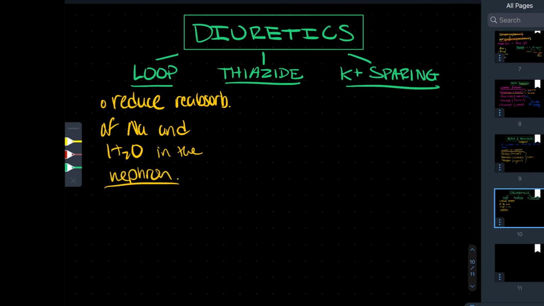So the nephron is the functional unit of the kidney. You have millions of nephrons. They're just like small tubes that do a bunch of different stuff. And there's all different sections of the nephron.